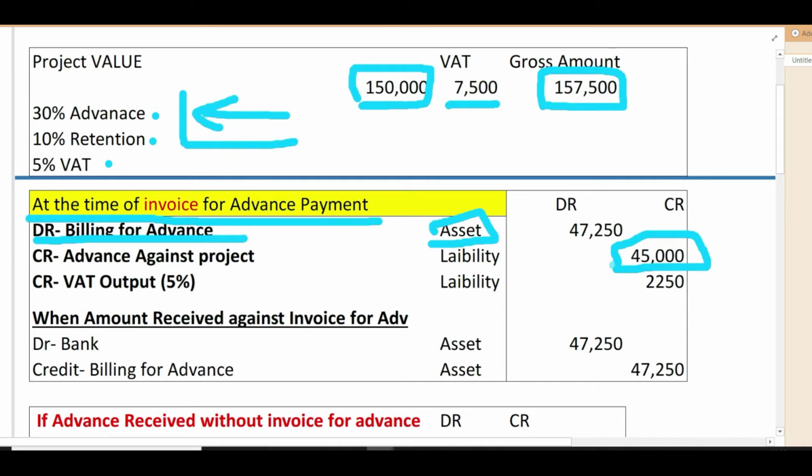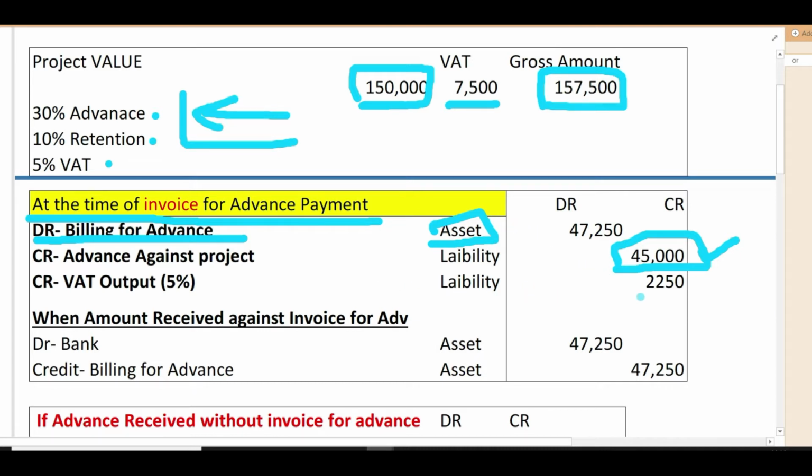This 45,000 is not your income, because you are receiving it in advance without performing any work. So this is your liability, your advance income, your unearned income. So this will be credit, 45,000 credit.